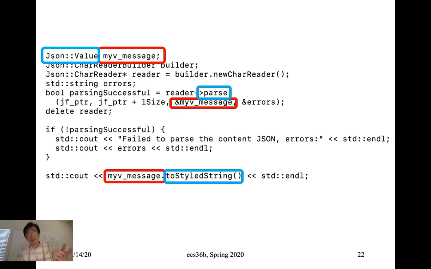Why is that? Remember, that's the class definition. The class is called JSON, and under it there is a value. So the whole thing, JSON::Value, is a particular class that's defined for the object.